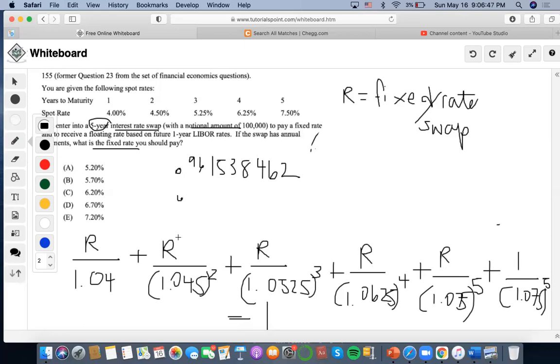This one is 1 over 1.045 squared, and get 0.91. Remember, I'm doing all of the R's first. So you do 1 over 1.0525 to the 3 and get 0.8576.